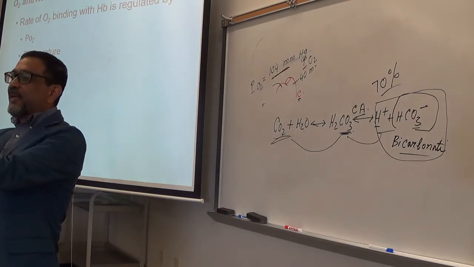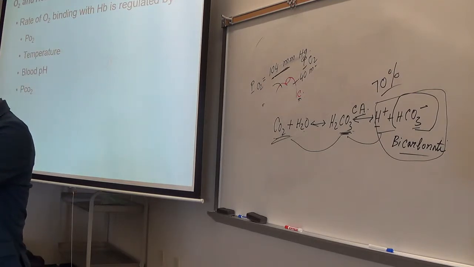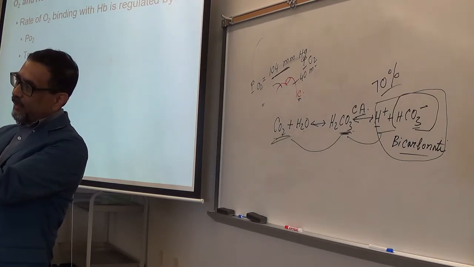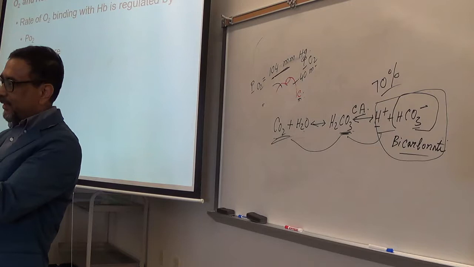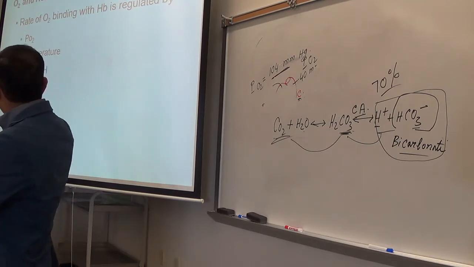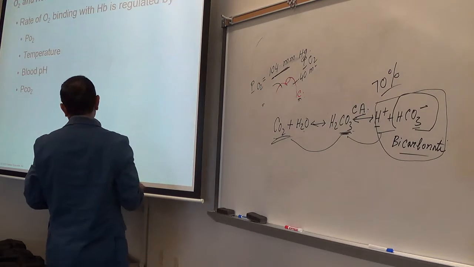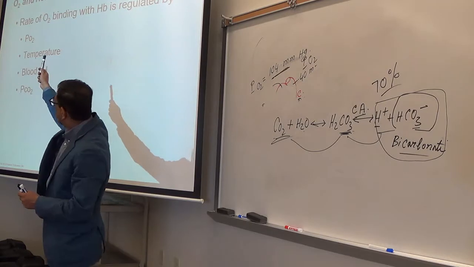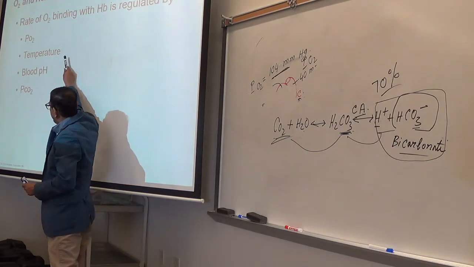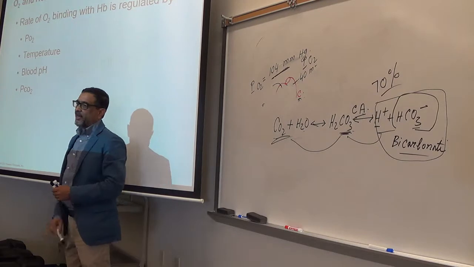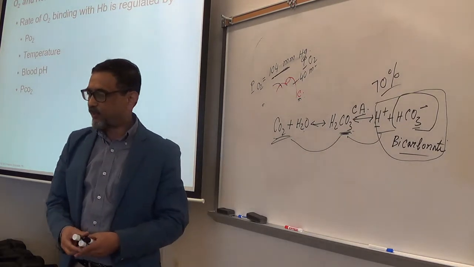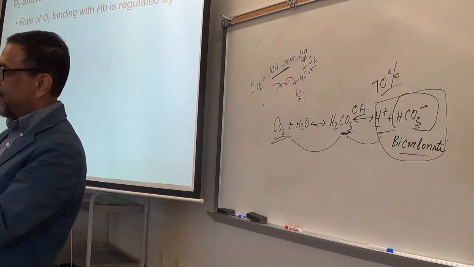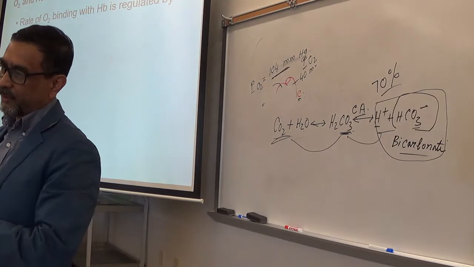How much oxygen will bind with the hemoglobin can be changed by a number of important factors. That binding is called saturation. The factors are pressure of oxygen, temperature, blood pH, and carbon dioxide. Just know that these 4 factors can change the amount of saturation or binding of oxygen with hemoglobin.